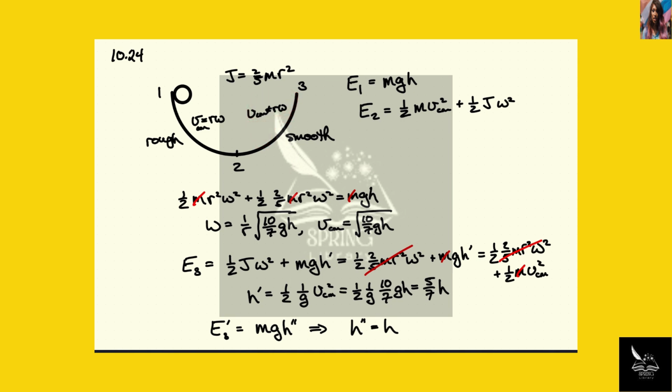So at 3, wherever the height is, wherever it ends up, we know we have 1/2 j omega squared as the rotational kinetic energy, and it's the same omega because there's nothing slowing it down from spinning. And then we have mgh prime, which is the height above the base, which is what we're looking for.